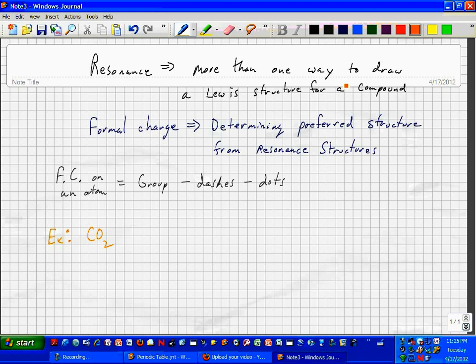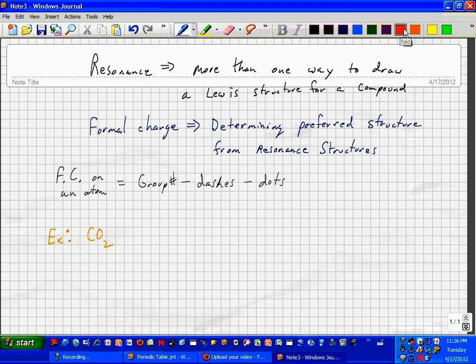The way you calculate formal charge on an atom is you take the group number minus the dashes that are connected to it minus the dots that are associated with it. Really, I like group minus dashes minus dots as an easy way to remember.